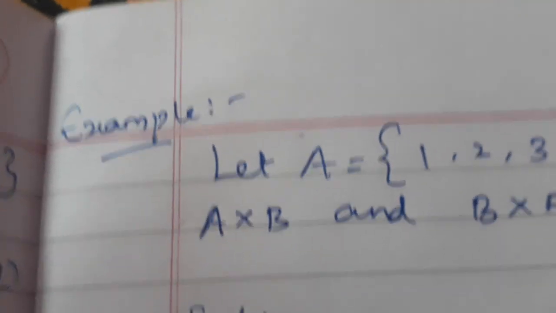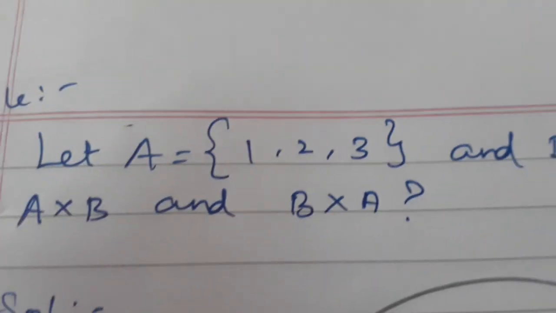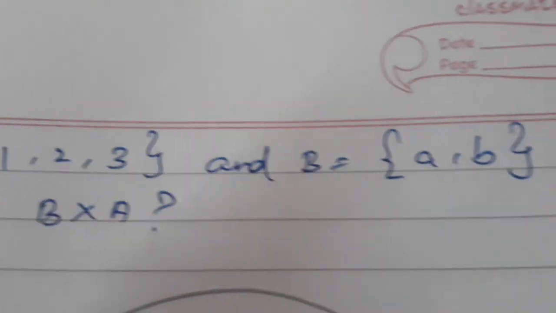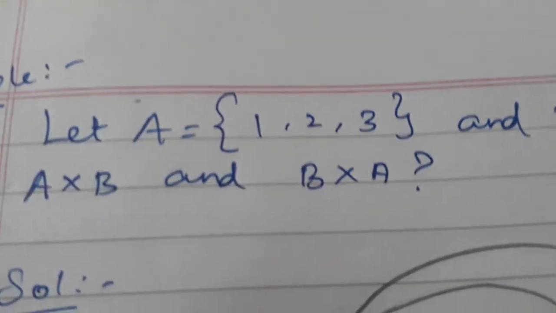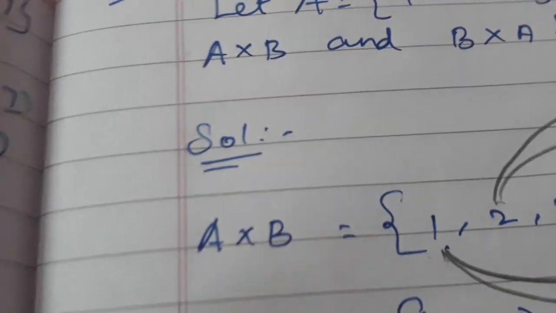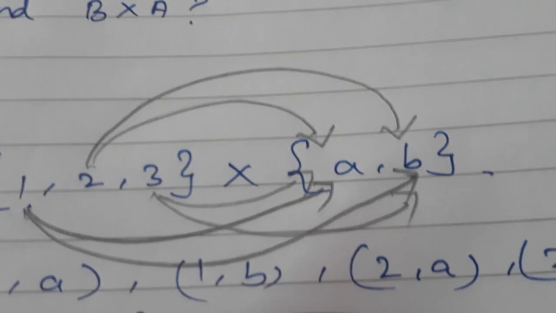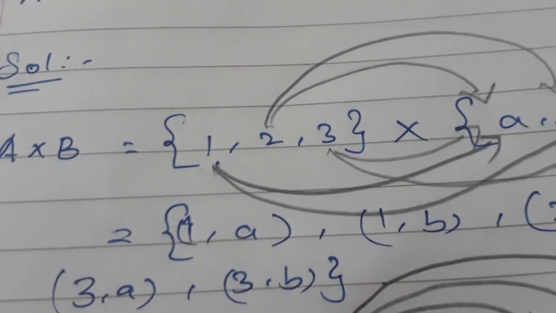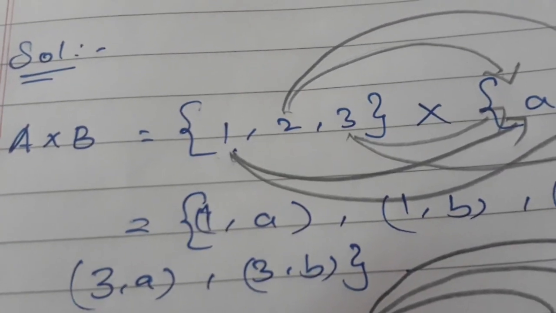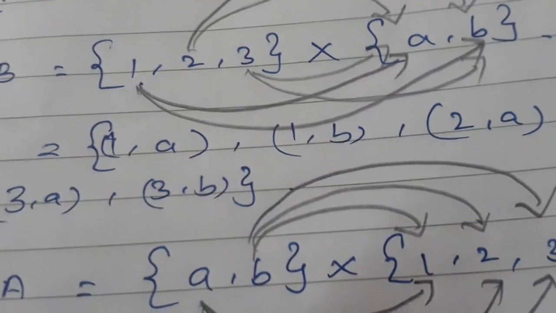So let us take an example. Let A = {1, 2, 3} and B = {a, b}. Write A × B and B × A. First, we are writing A × B, that is {1, 2, 3} × {a, b}. So our answer is {(1, a), (1, b), (2, a), (2, b), (3, a), (3, b)}.